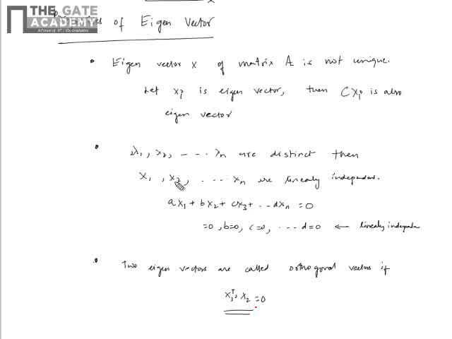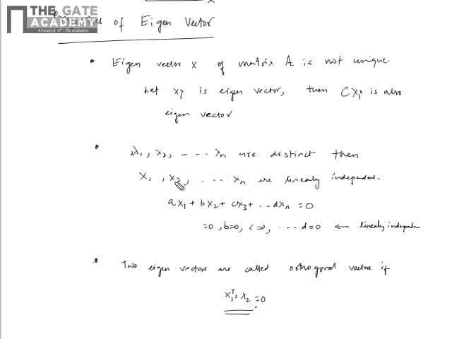Important properties you just need to remember, but the derivations you can always go through. We have seen one important derivation, that A and A transpose have the same characteristic equation and thereby the same eigenvalues. But what happens to the eigenvalues of a Hermitian matrix and all that, I don't think is that important.